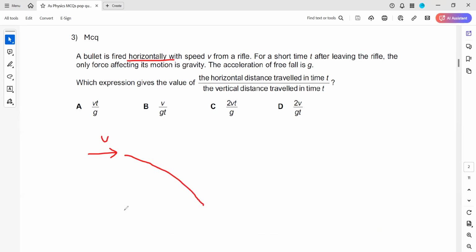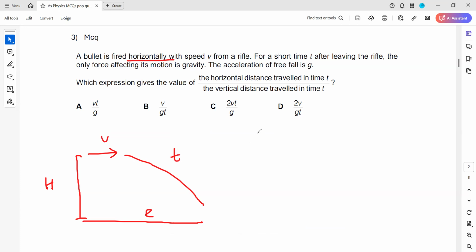So for example, the horizontal distance travelled will be the range and the vertical distance travelled will be the height. So we want the ratio between the horizontal distance travelled and the vertical distance travelled. The horizontal distance depends on the horizontal component of the velocity and the total time for the journey is t.